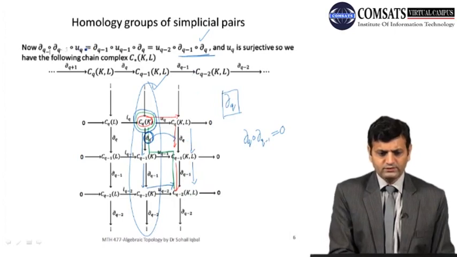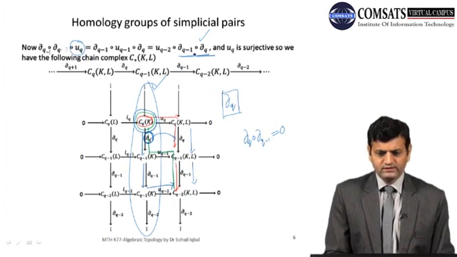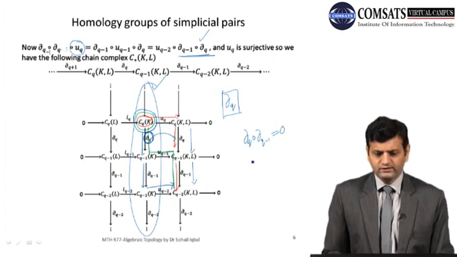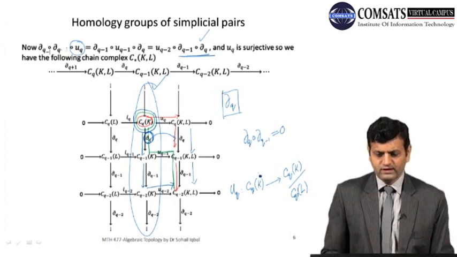you apply U_q first, and this U_q is basically surjective. Why is it surjective? Because U_q goes from C_q^K to C_q^K quotient C_q^L. That's why it is surjective: we are taking elements of C_q^K and getting the classes of these elements.